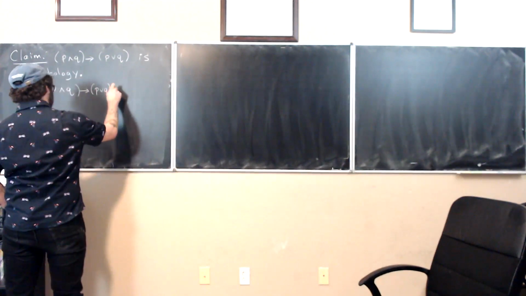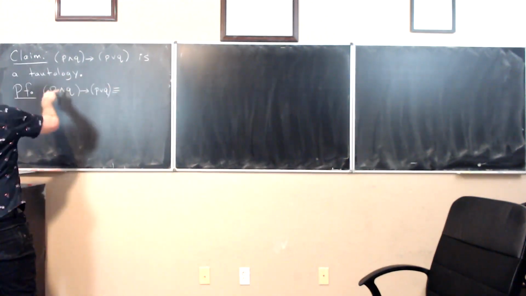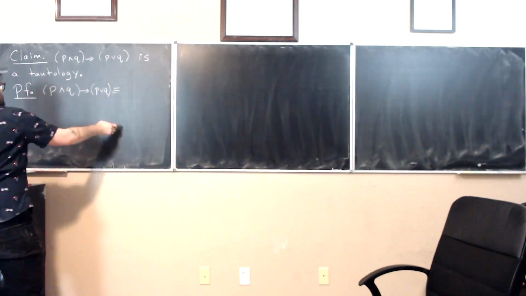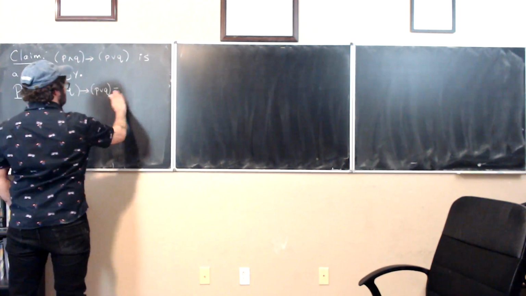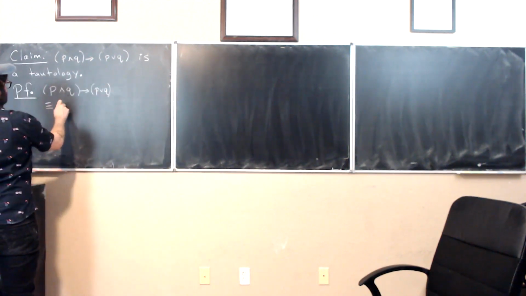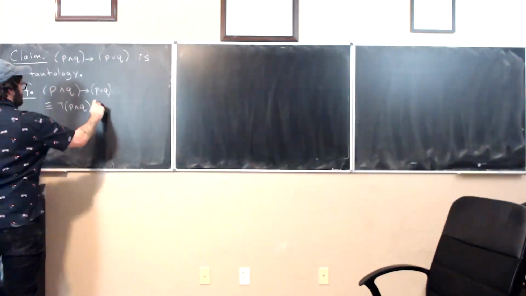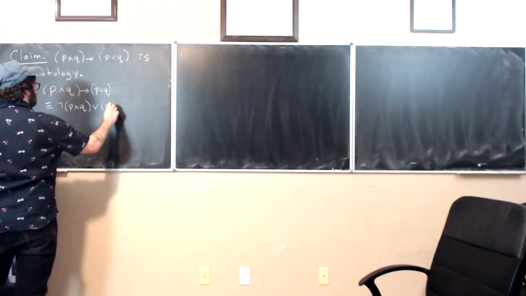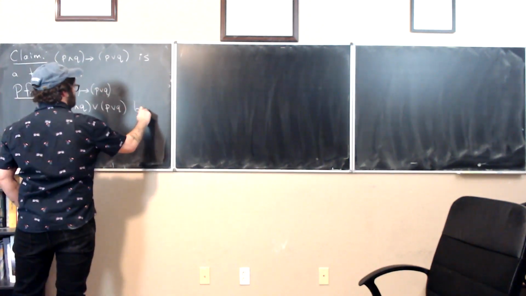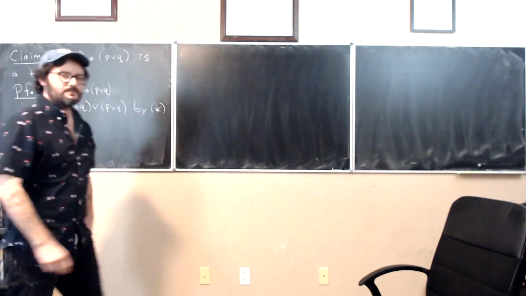So this will be logically equivalent to the negation of this whole part here, and then or that. I'm running out of room, but this is logically equivalent to not (P and Q) or P or Q. And this is by the star law.